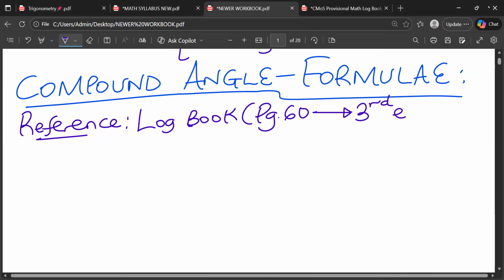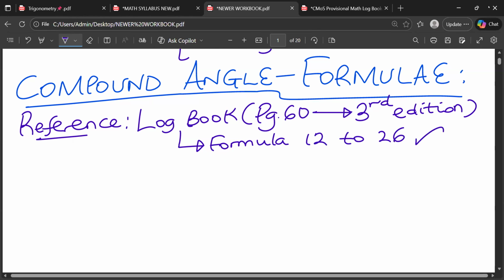Third edition with 4-figure tables. And we have agreed. It's in the logbook and it is formula 12 to formula 26. So we are going to be following that very order, according to the logbook that you have, the third edition with 4-figure tables.